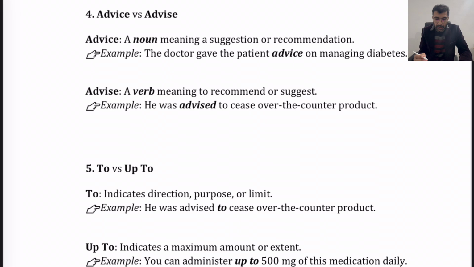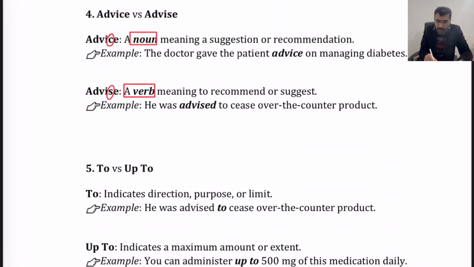Next confusing words are advice and advise. Advice, the one with C, is a noun, and advise with S is a verb. They have similar meaning, but the noun is used differently.